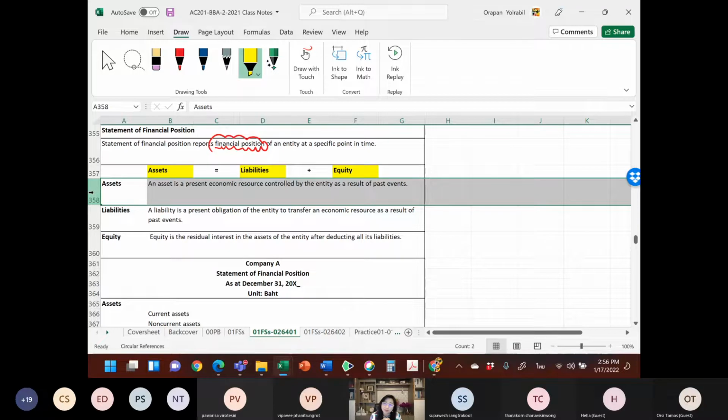The asset is a present economic resource controlled by the entity as a result of past events. When we say economic resource, it's something that we think we can gain benefits from in the future.